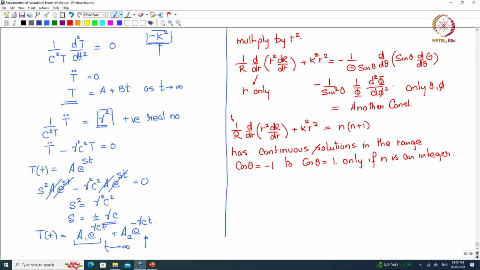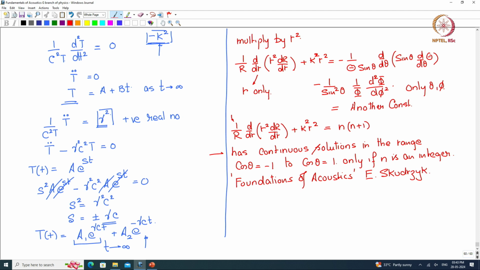It's a little more advanced for this level, so I will leave it at this. If you want more details, then they are there in Foundations of Acoustics by E. Skudderzik that I have mentioned earlier, where he discusses a little bit more.